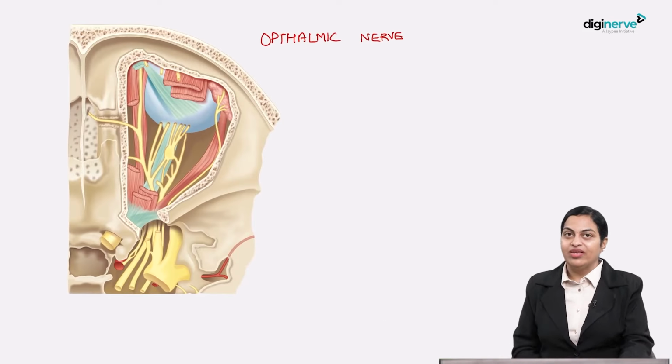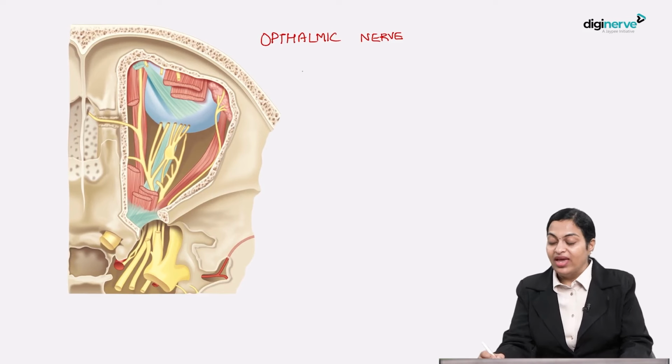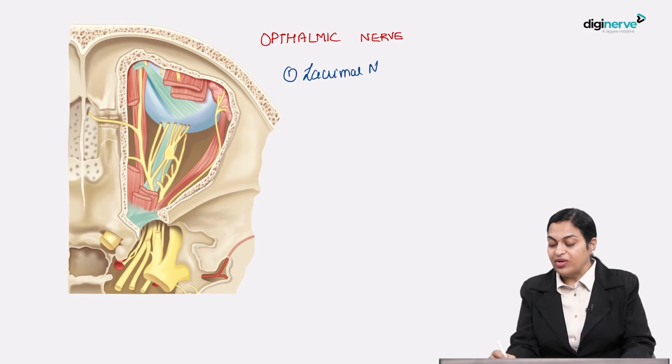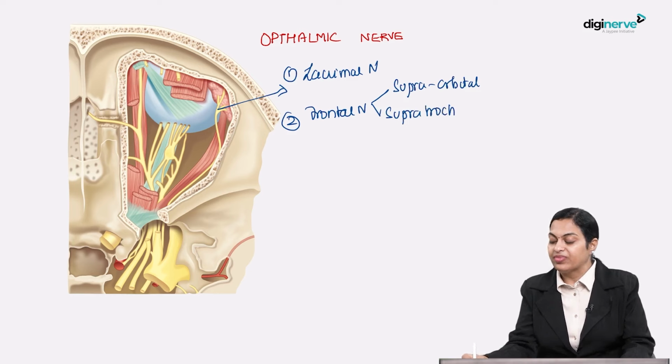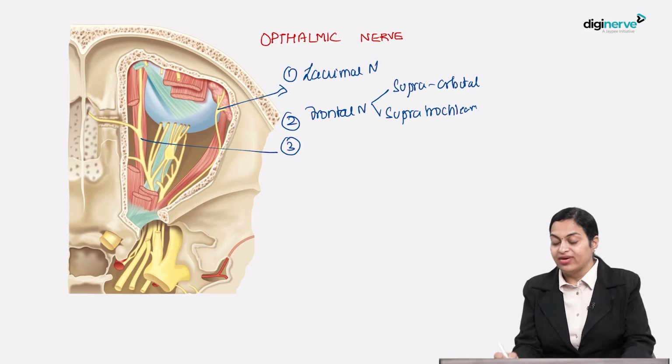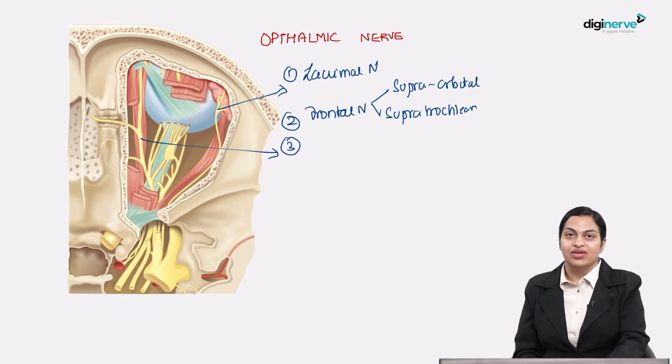Now, the ophthalmic division of the trigeminal nerve has three branches: the lacrimal nerve, the one that you see here, and then the frontal nerve. The frontal nerve will divide into two, the ones we just saw, right? Supraorbital and supratrochlear, right? And the third one, which you see here, is the main continuation.